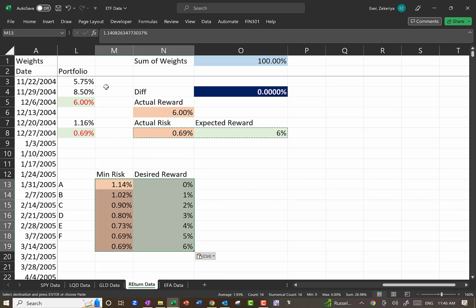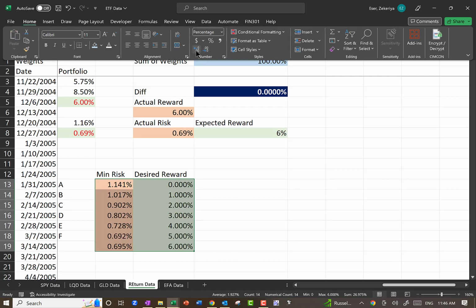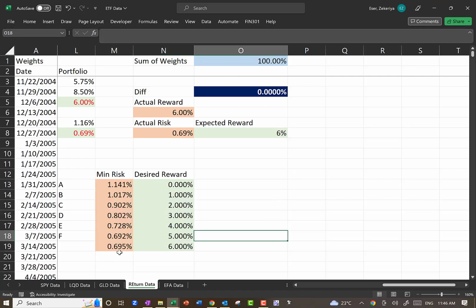Let me add some more digits to these. Now, can I unequivocally say that portfolio F is inefficient, based on the information we have now?